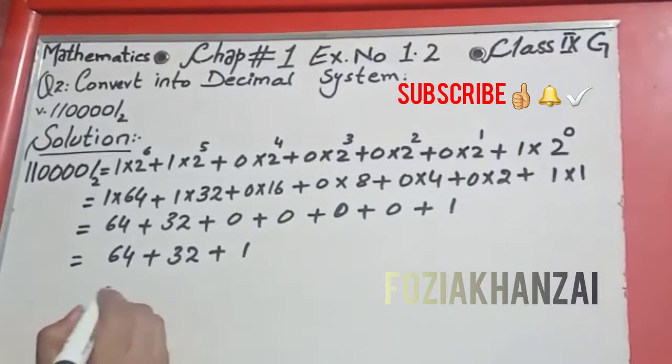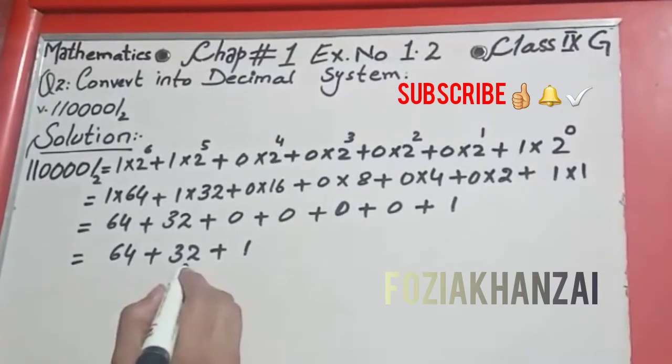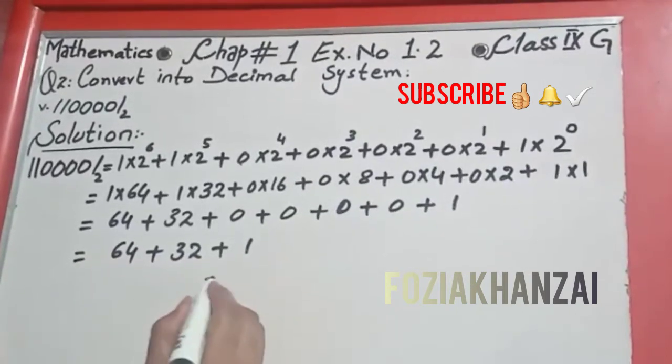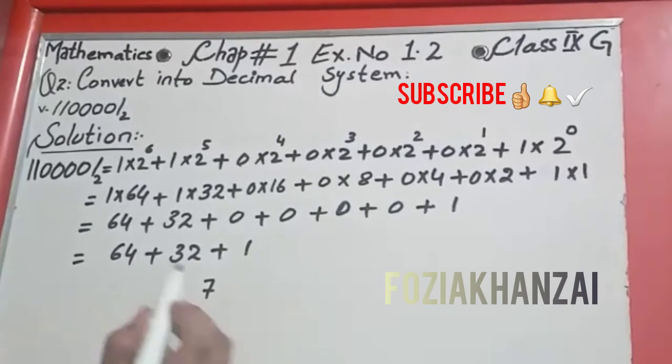Now add them. 64 plus 32 is 96, 96 plus 1 is 97.